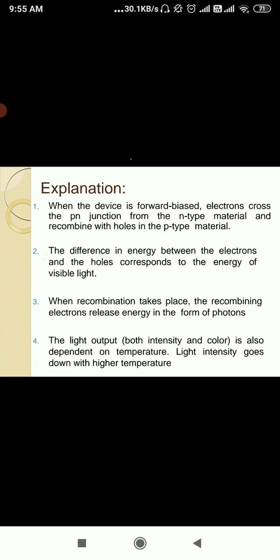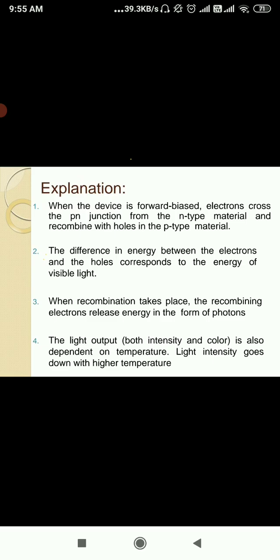And now when you are supposed to explain, you can say when we are connecting the positive terminal of the battery to the anode of LED and the negative terminal of the battery to the cathode of LED, at that time LED will behave as forward bias. So electrons cross the PN junction from the N-type material and recombine with the holes in P-type.